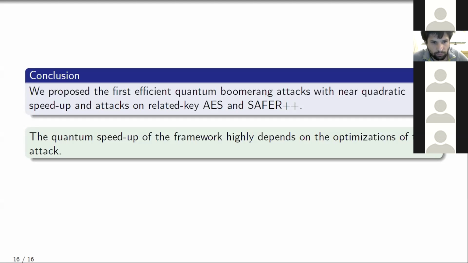This is where there were differences between our results on applications, and it is quite far from the near quadratic speedup. So thanks for listening.